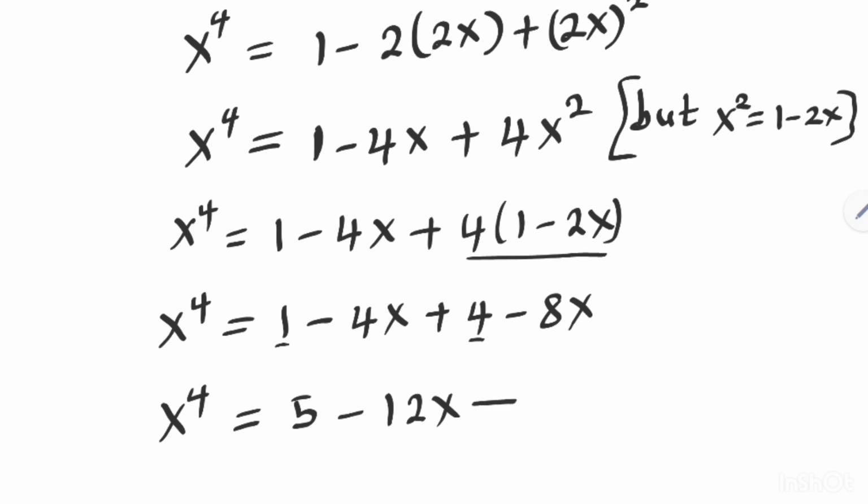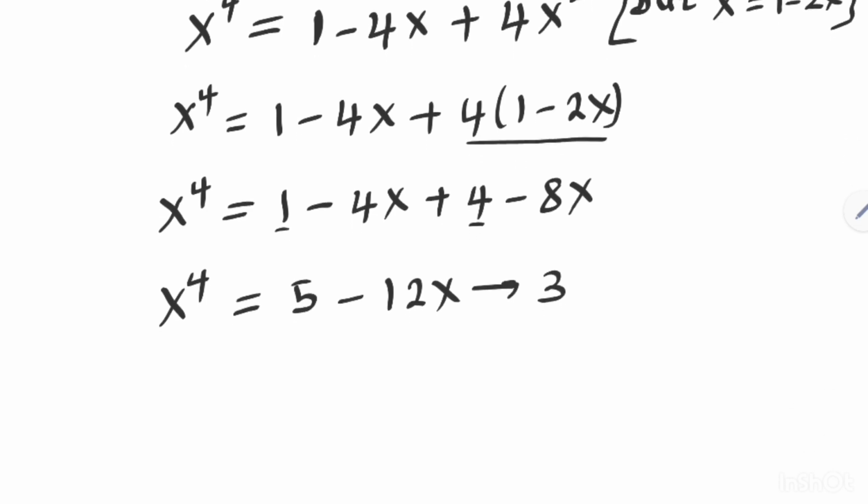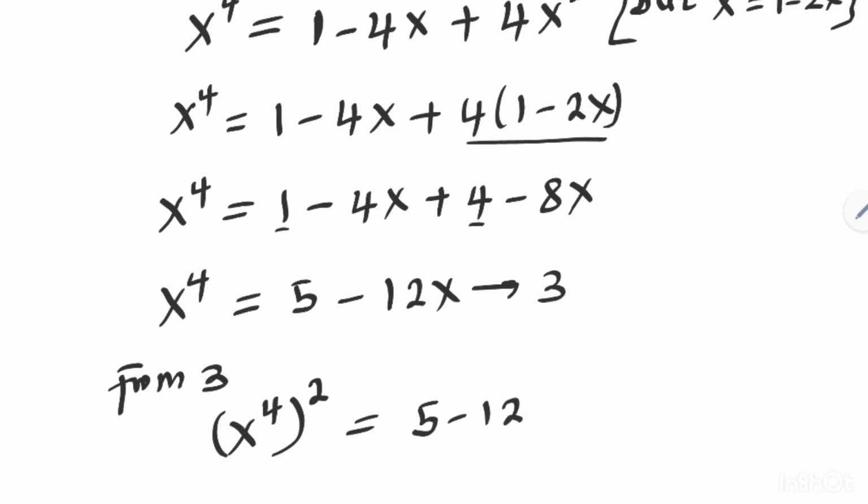Let us call this equation 3. Now from this equation 3, which is x raised to power 4, if you square both sides, we have x raised to power 4 all squared is equal to 5 minus 12x all squared.